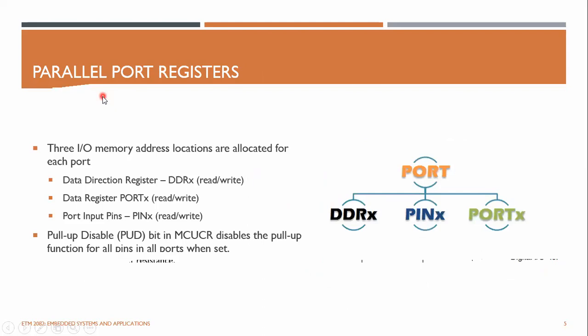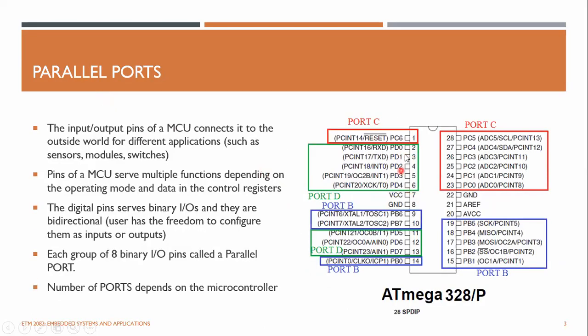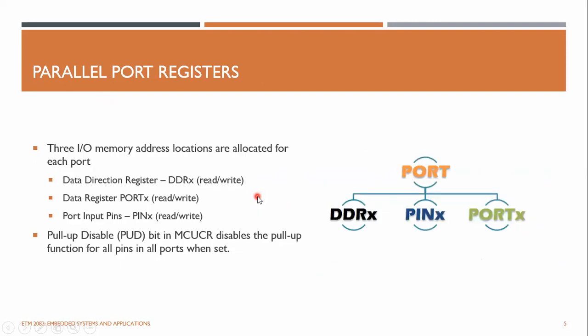Right. So like I mentioned, these pins can be configured as input or output. That you can't do in hardware, right? So you have to deal with it through the microcontroller registers when you program it. If you take a single port like port B, there are 3 basic registers in the microcontroller.